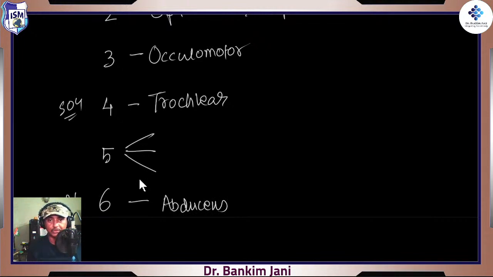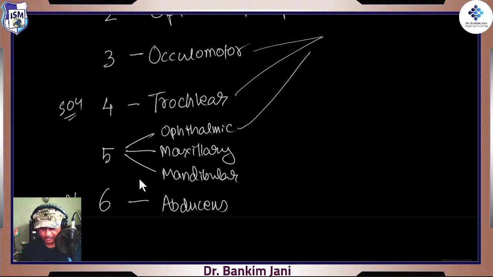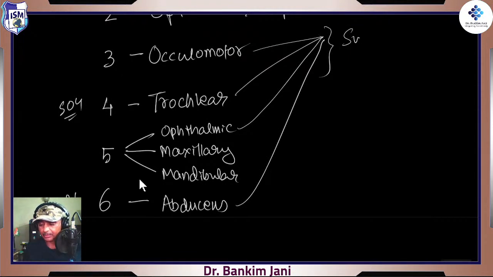Fifth has got 3 divisions: ophthalmic, maxillary, and mandibular. So this oculomotor, trochlear, ophthalmic division, and abducens, all of them will be going via the superior orbital fissure.